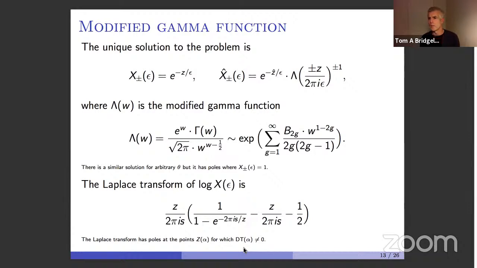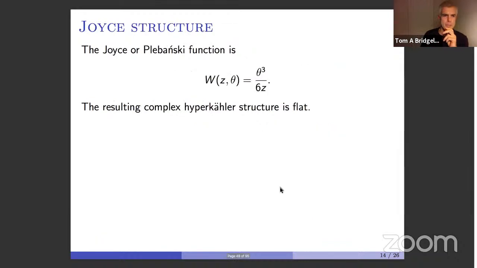That's what we were seeing in Marcos's talk as well, the idea that the Borel transform has poles at the central charges of stable objects, or semi-stable objects, I should say. Okay, so that's the most basic example.